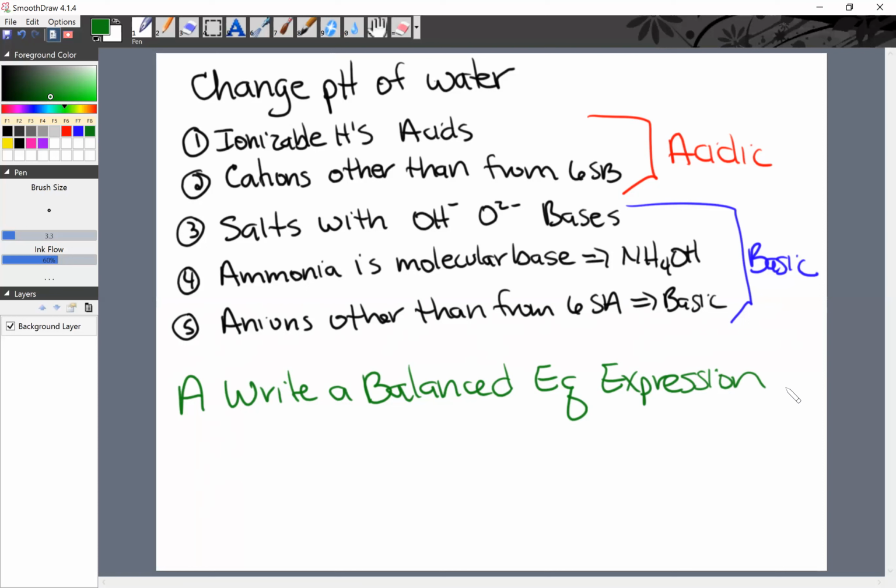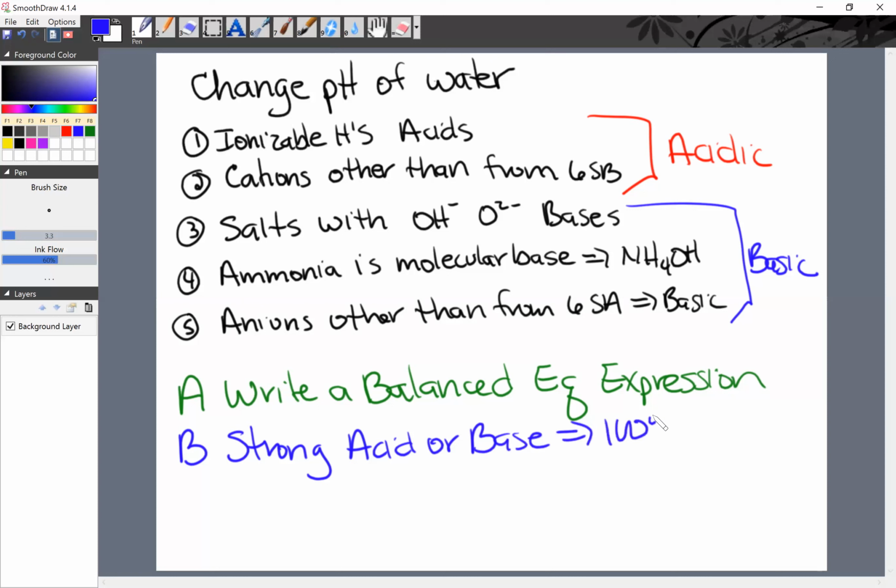And then you can go on and figure out what the pH is. So B, if it is a strong acid or base, remember they're just 100%, so you can just take the negative log of whatever their concentration is.